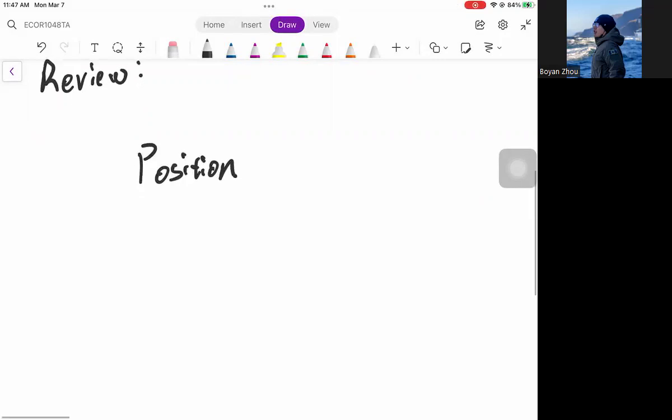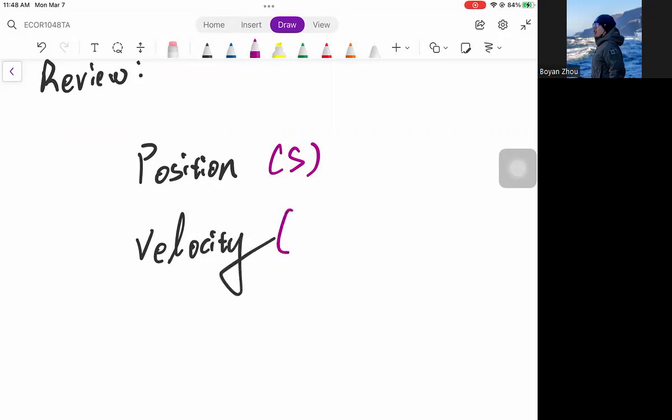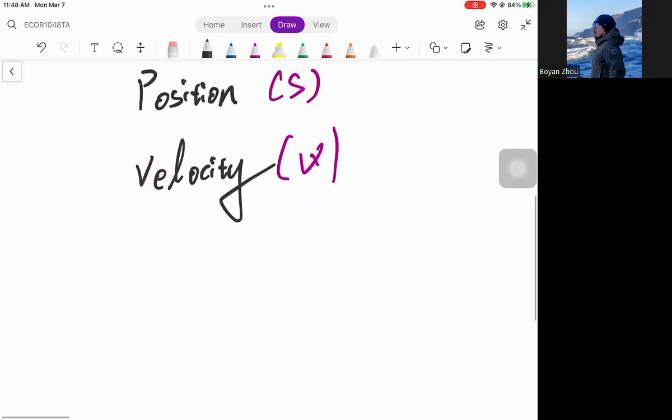The first one is position, and I usually use S or sometimes X for that. The second one is the velocity, which is just V. And the third one is acceleration, and that is A.